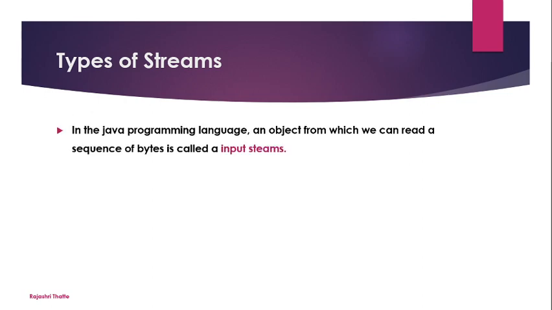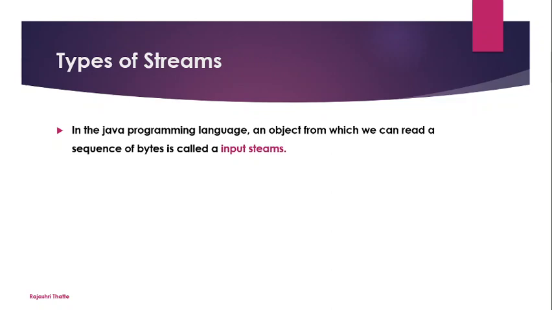So, the types of streams. As I just discussed, for a program we require input as well as we need to generate output. So considering these two things, there are two major types of streams: one is the input stream and another is the output stream. In the Java programming language, an object from which we can read a sequence of bytes is called an input stream.